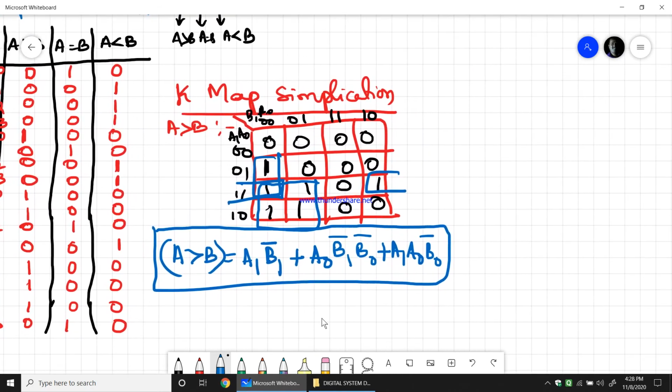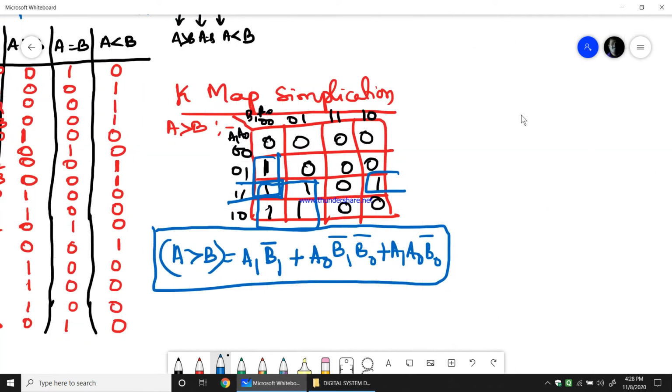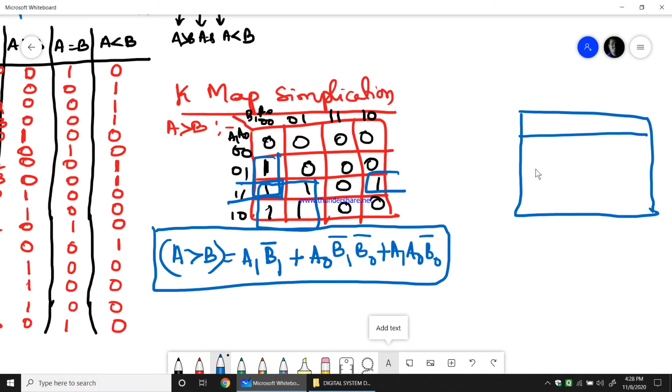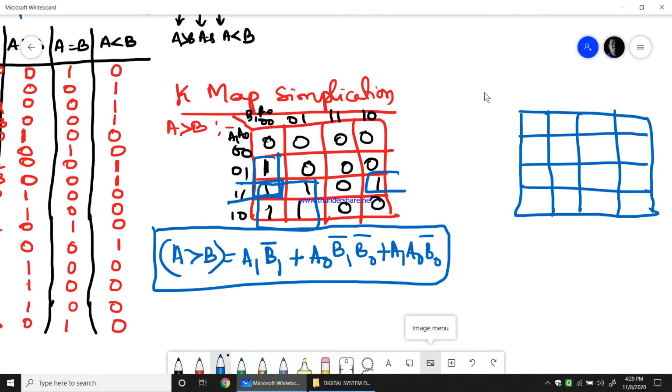Now coming to A equals B, let me do the K-map simplification for A equals B. So this is for A equals B, A1 A0, B1 B0, 0 0, 0 1, 1 1, 1 0, and 0 0, 0 1, 1 1, 1 0.